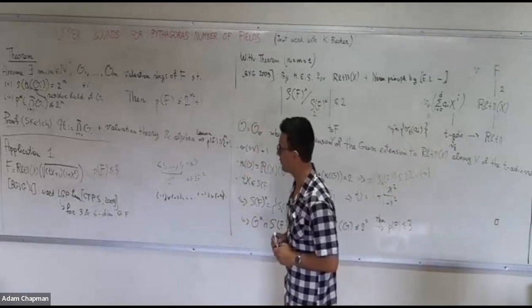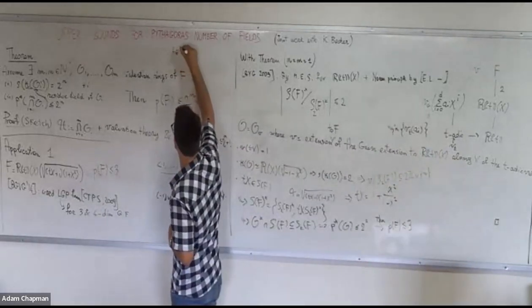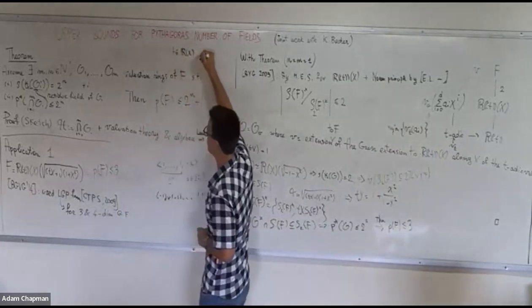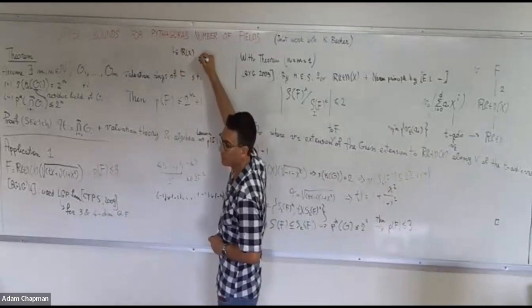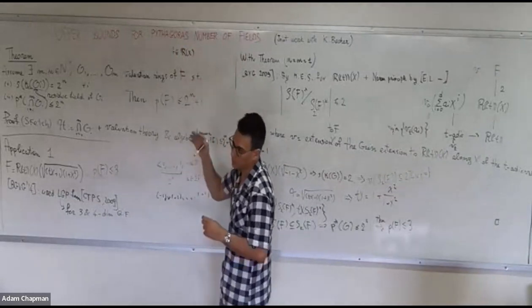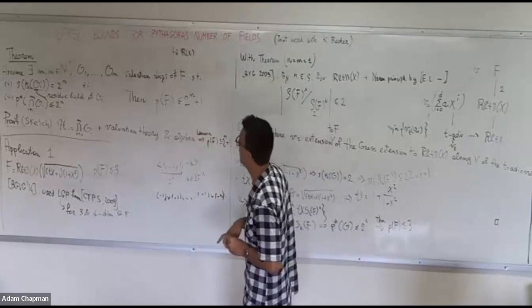So the fact is that, okay, let's start with a polynomial. If it's positive semi-definite, it will be a sum of squares, right? You can assume that it's positive definite actually, up to squares, right?